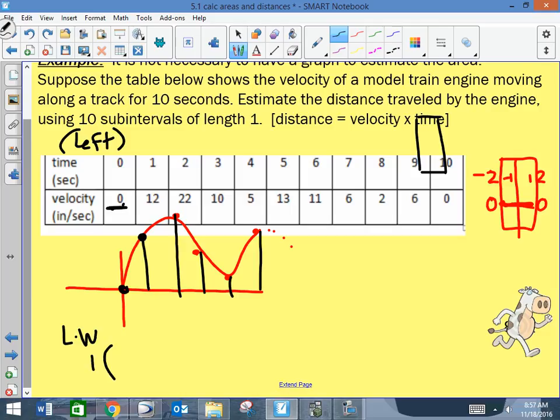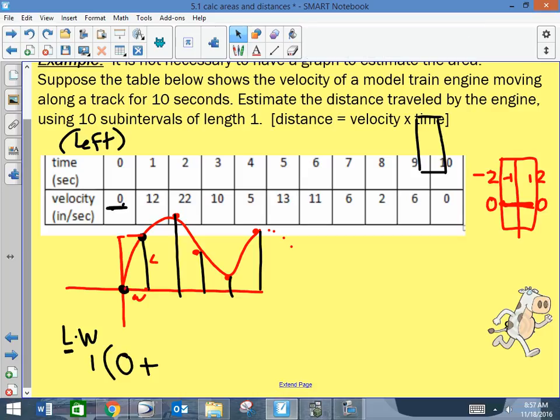Now be careful, it is not always. I already said that, but it is worth repeating. My first height, my first length is 0. What's my second length? You mean height, right? Well, this is my width, this is my length, it's also my height, yes. The second one is 12, it should be right over here.